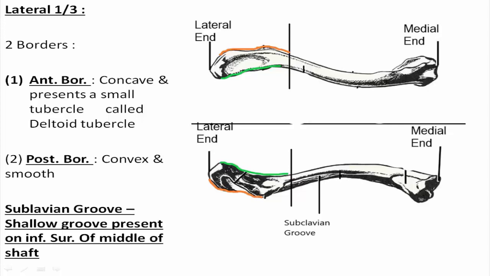Posterior border is also a line which is convex and smooth, and in the shaft of the clavicle, between the medial 2/3 and lateral 1/3, there is a shallow groove on the inferior aspect, that is called subclavian groove.